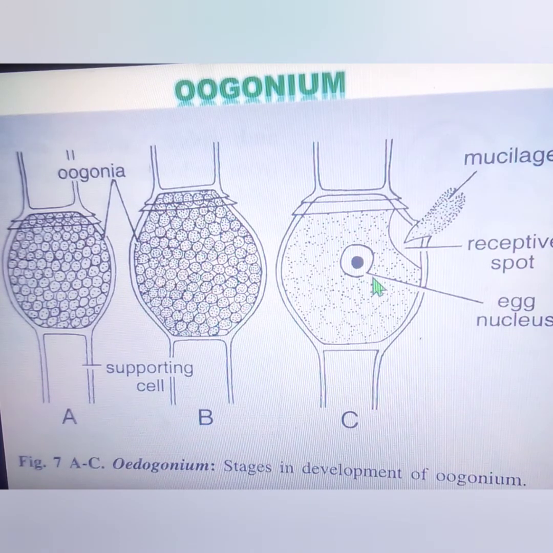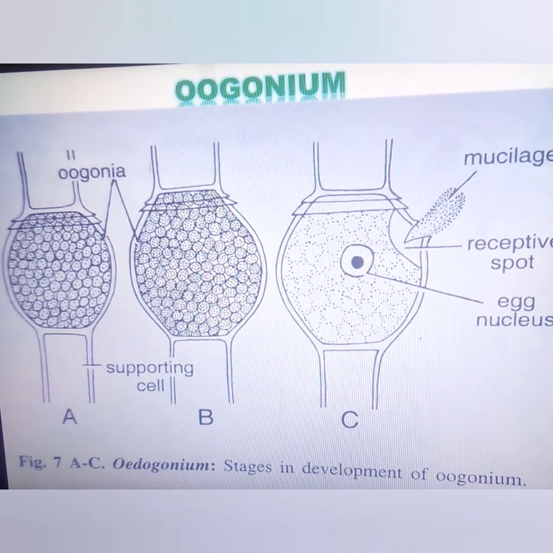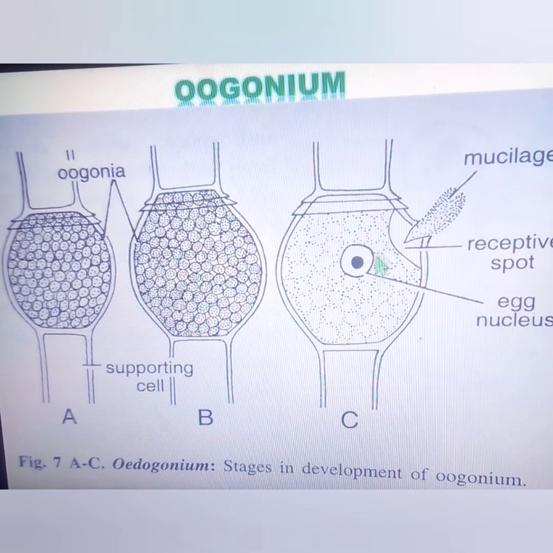Now the young egg is usually green in color due to the presence of the chloroplast. At maturity, you can see here in figure C, there is a development of this uninucleate non-motile egg.